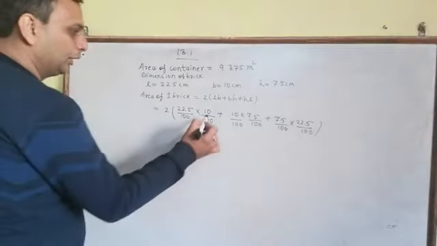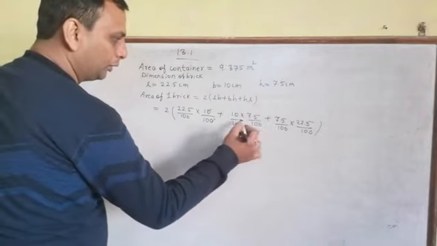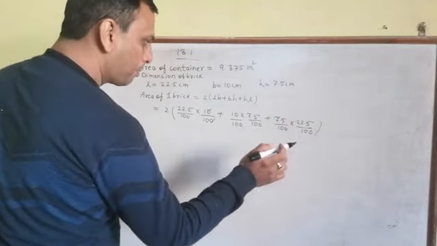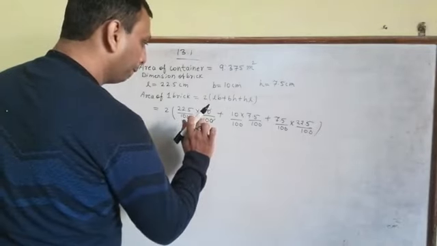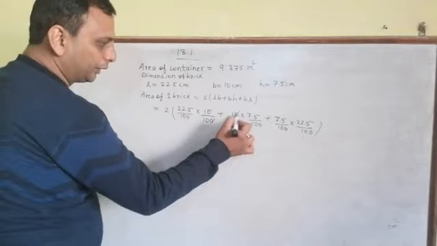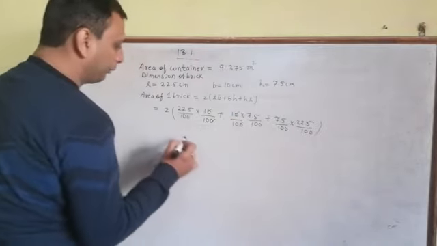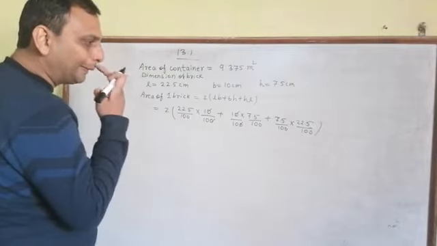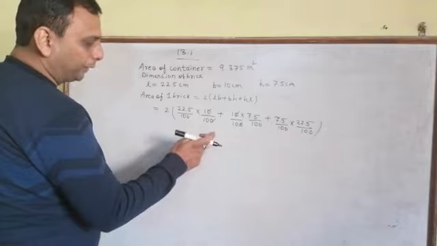We can cancel the zeros. Then it will be 22.5 into 10, upon 100 multiplied by 100. Otherwise, if you do not want to cancel, you can multiply the numbers and get the answer.